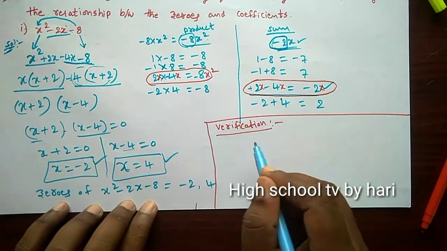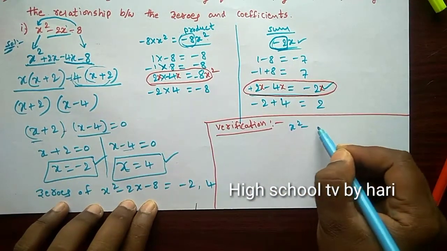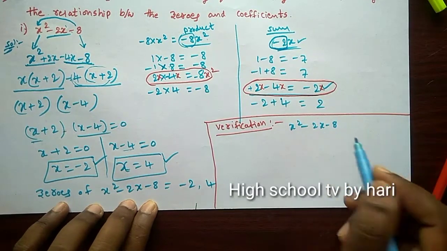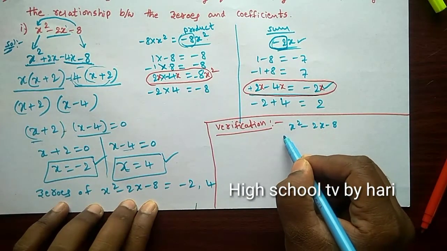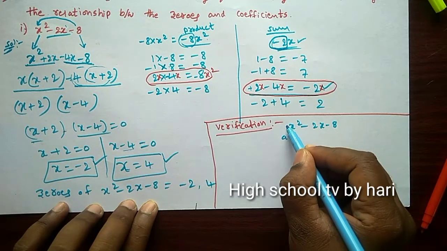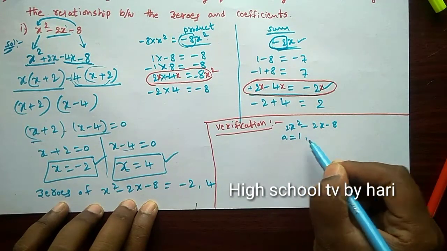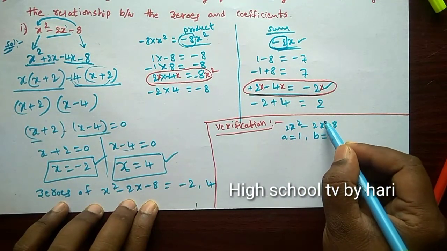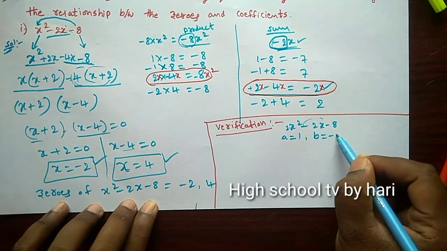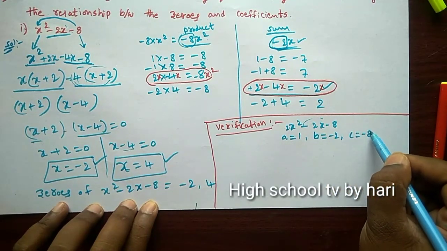What is our equation? x square minus 2x minus 8. It is ax square plus bx plus c, where a equals 1, the coefficient of x square; b equals minus 2, the coefficient of x; and c equals minus 8.